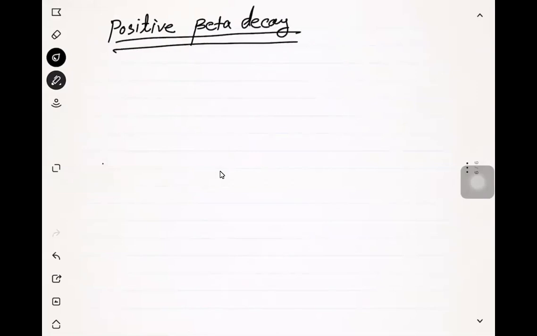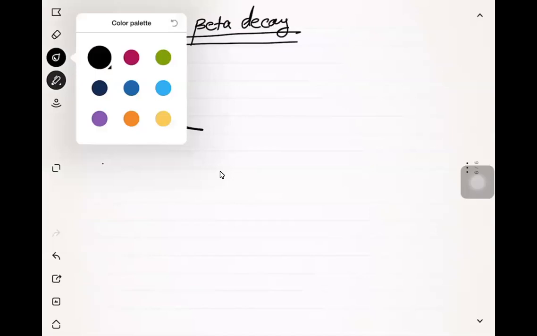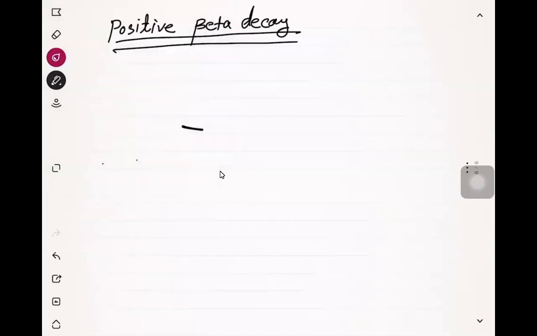In a positive beta decay, a proton converts into a neutron. These are the numbers. Like proton has number 1, which means it has a charge of 1 and it has a mass of 1 as well.